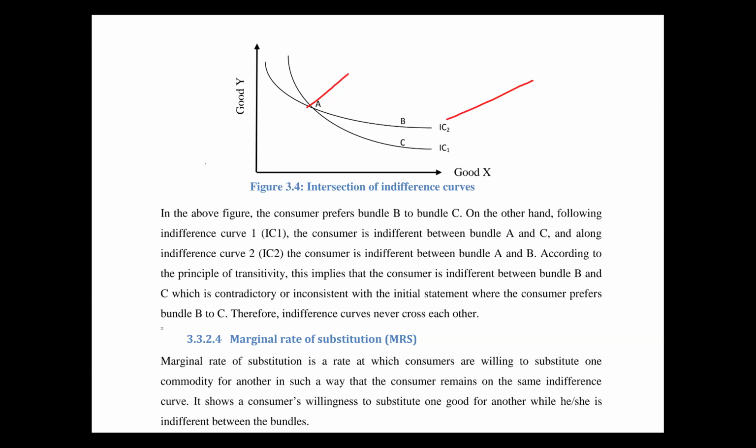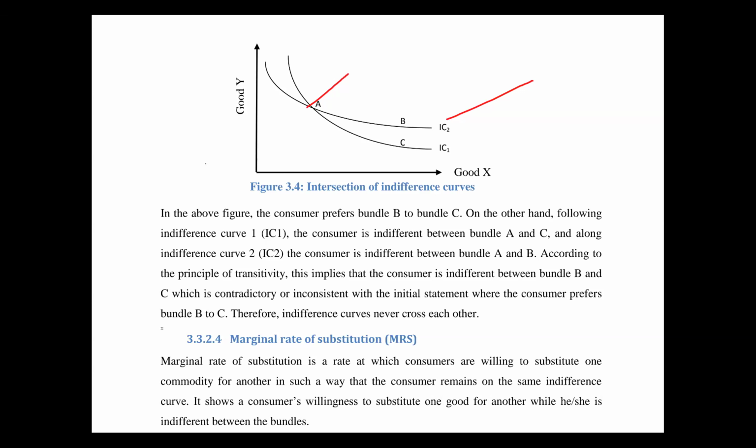At the same time, A is on the same indifference curve as B. Now, all the points that are on the same indifference curve, they give the same level of satisfaction. That's what that means. So A and B are equal if they sit on the same indifference curve.